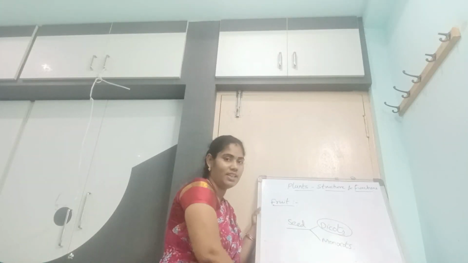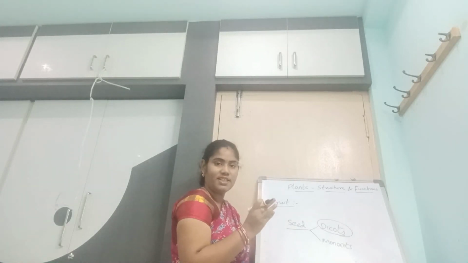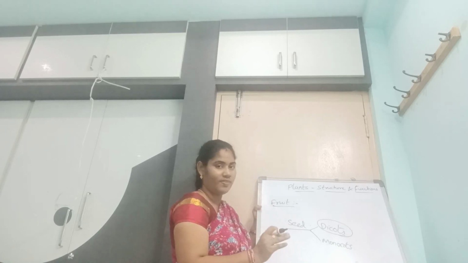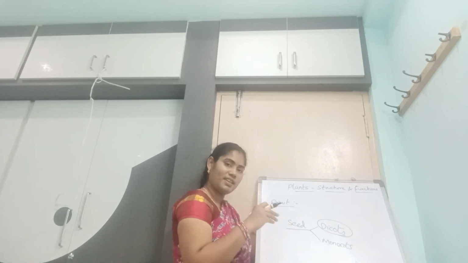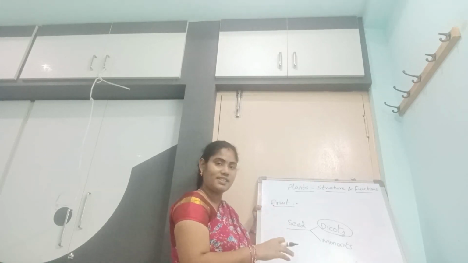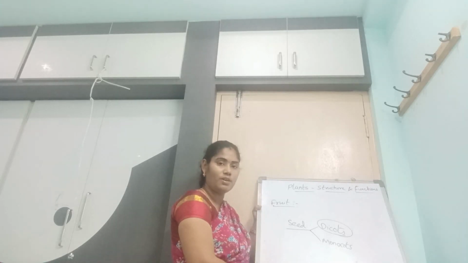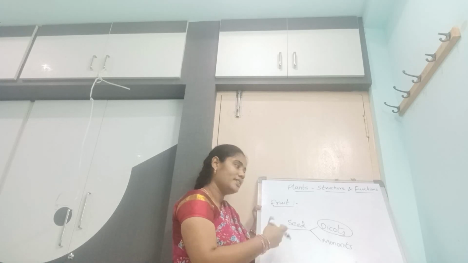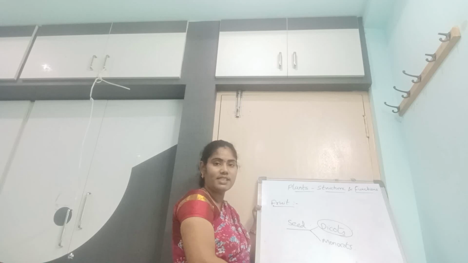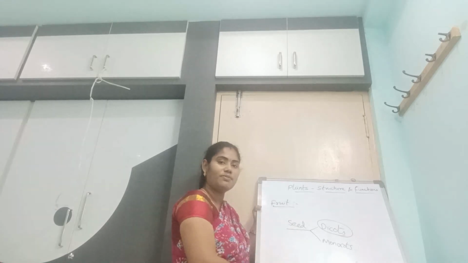Okay, generally what are the parts we are seeing? Root, stem, leaf. Root is developed inside the soil and it fixes the plant and absorbs the water and minerals and supplies them to all over the body of the plant. Stem gives the mechanical support and maximum parts of the plants are arranged on it and each one performs its function.